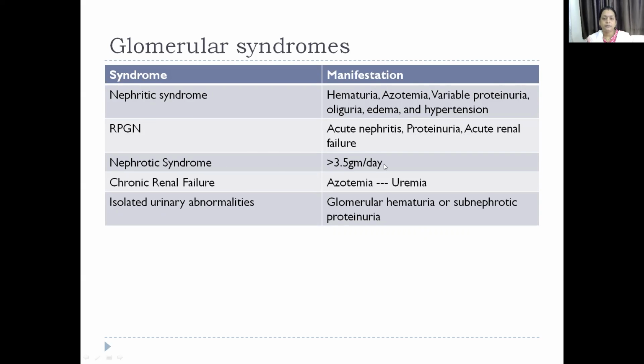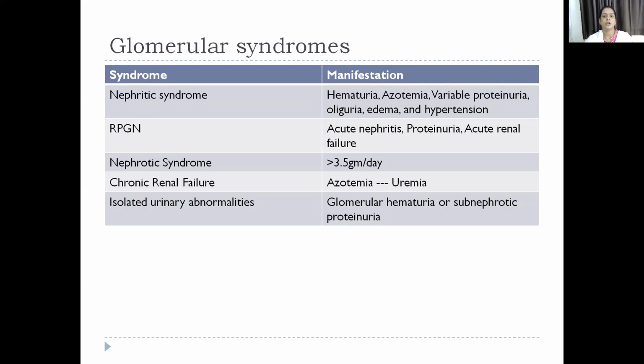I didn't specifically type the other things because you have to repeat it with me again and again. It is hyperproteinuria, hypoproteinemia or hypoalbuminemia, severe edema, lipiduria, and hyperlipidemia. Right? The chronic renal failure, which starts with azotemia, the damage is already done.